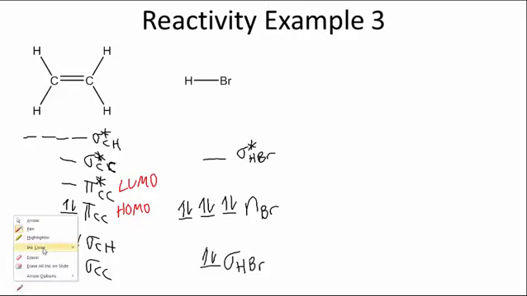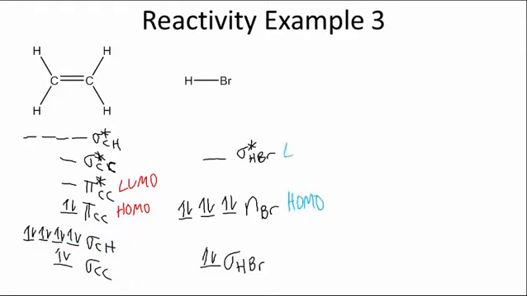For the one on the right, the bromine lone pairs are the HOMO, and sigma star HBr is the LUMO.